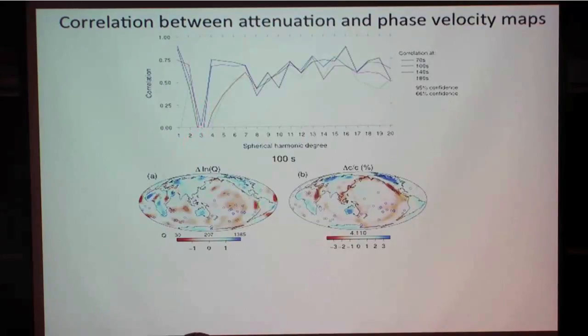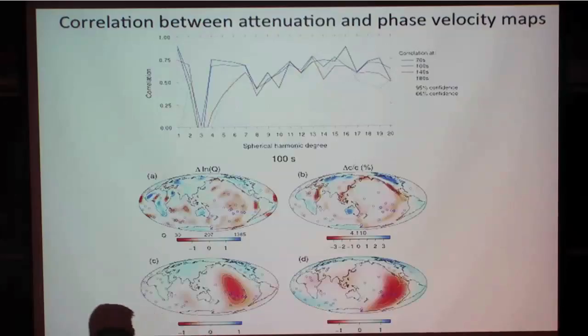So then, to understand all that, we have tried to just plot the long wavelength component of our maps. If we plot the maps up to degree 3, we filter out the higher degrees on our attenuation maps. We immediately see the reason of the null correlation that we observe at 100 seconds.